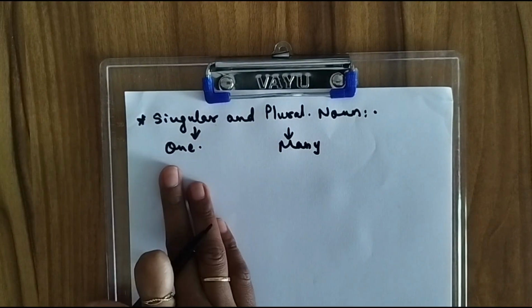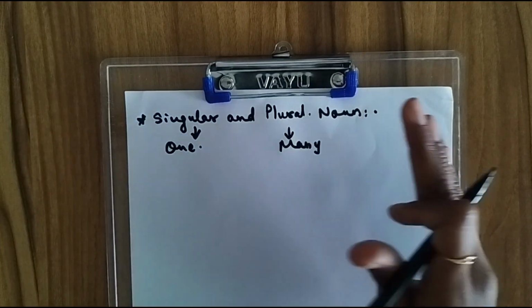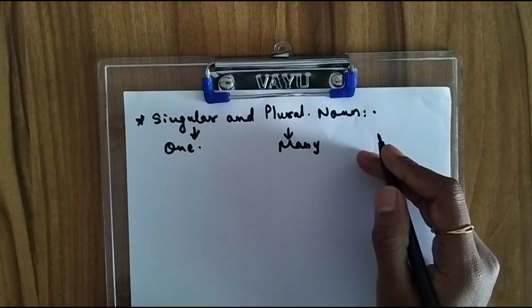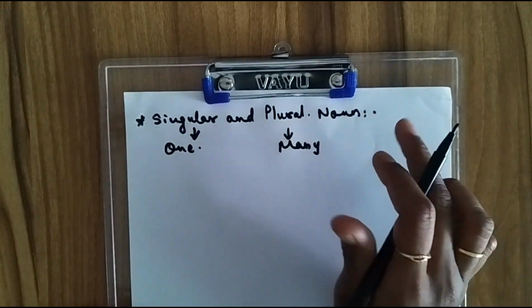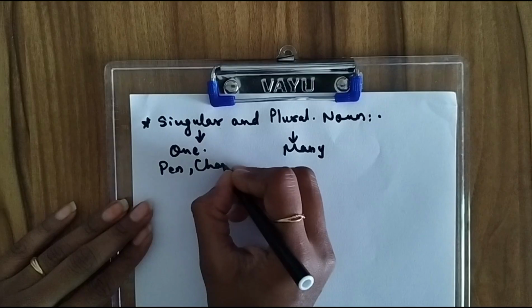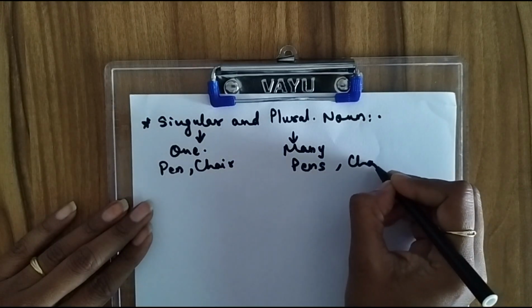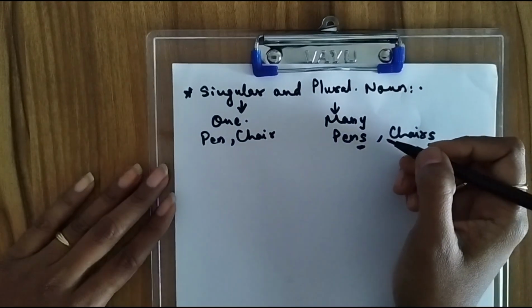When it is one person, one animal, one thing, it would be a singular noun. However, when it is more than one person, place, animal, or thing, it would be a plural noun. So the example would be pen, chair. Here it would be pens, chairs. Okay, so these consist of plural nouns.